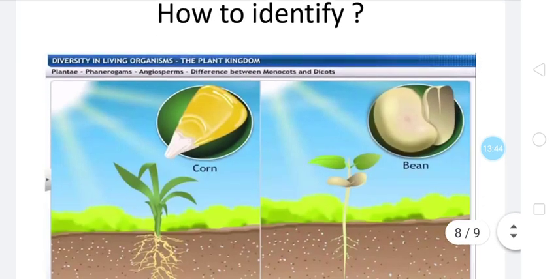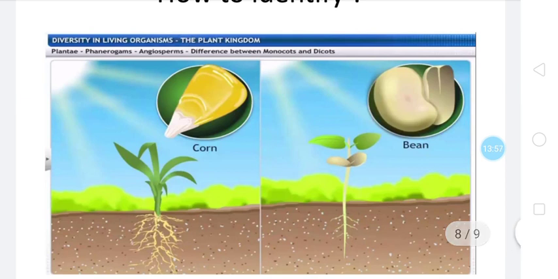Now how do we identify monocot and dicot? For example, you may ask, sir, sugarcane doesn't have seeds, so how do we classify sugarcane, which has flowers? Hibiscus bears flowers, but we have never seen seeds of hibiscus.